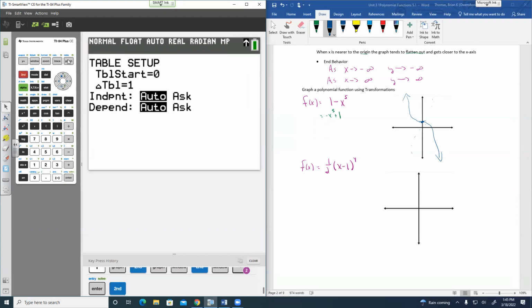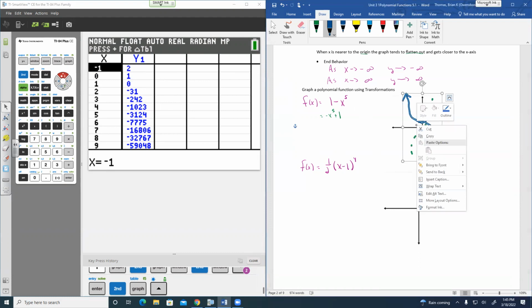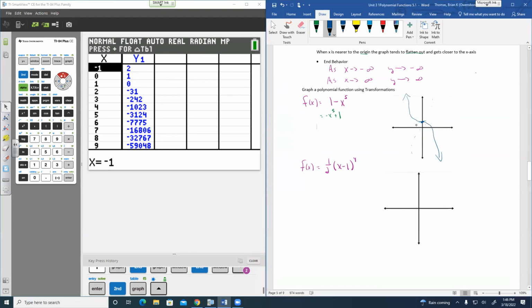So if I go back to second table, notice how it does give me this 0, 1. If we go up here a little bit, we have this -1, 2 would have been a point we could have located. We had this 0, 1 we've already got, and this 1, 0 would have been maybe here.